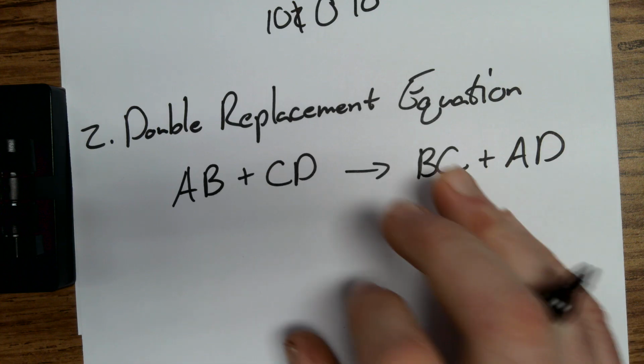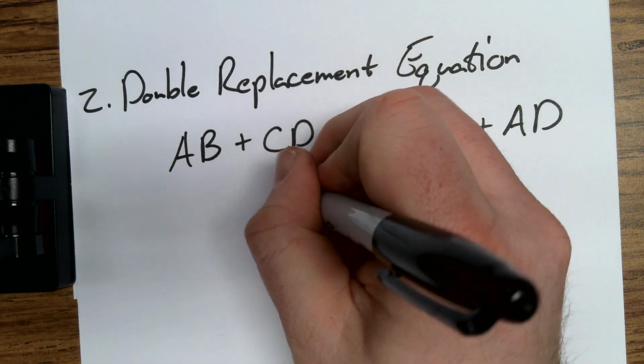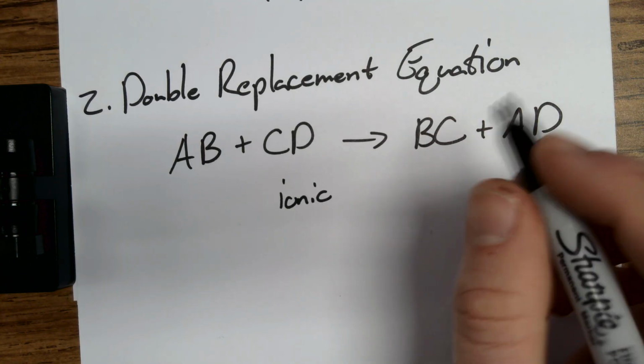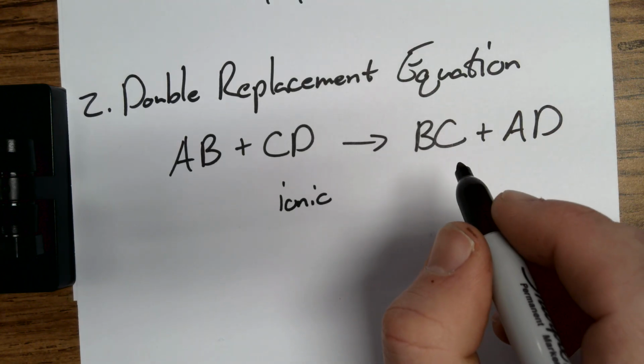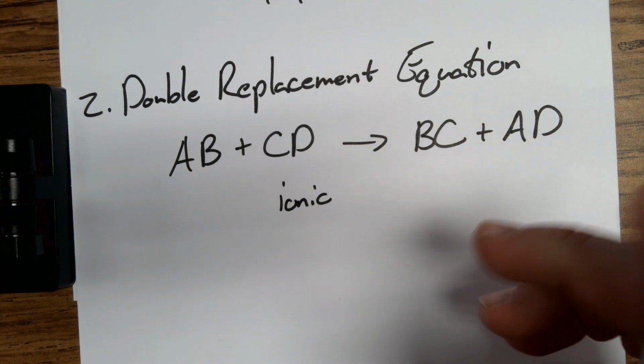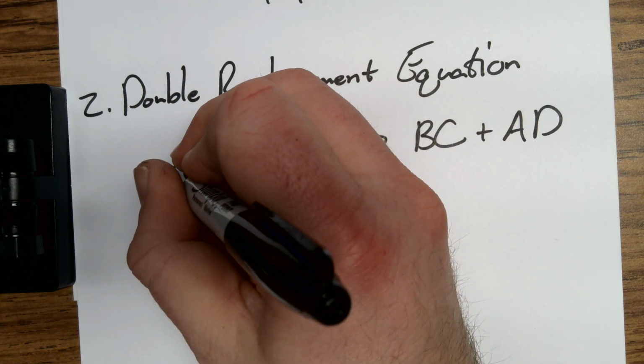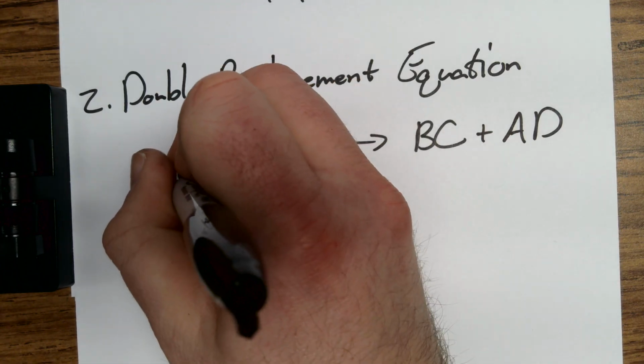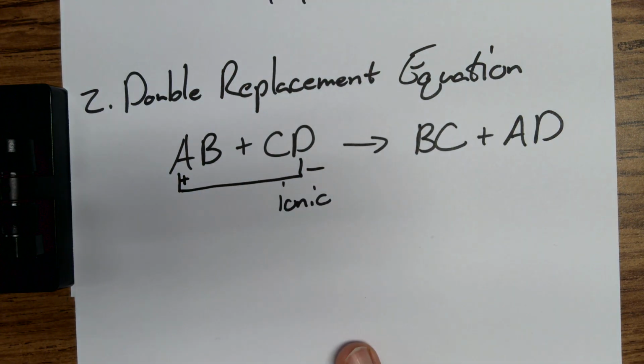There's a couple of things that we're going to see. These are always ionic, and our cation and anion are going to trade dancing partners. A will always go with D. Why? Because A is positive and D is negative.